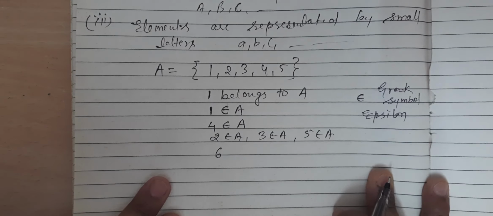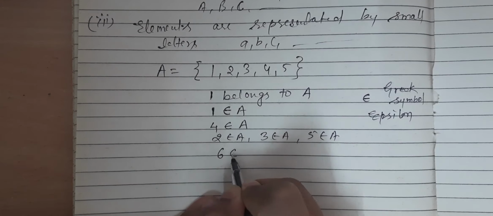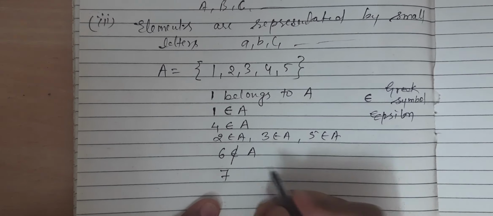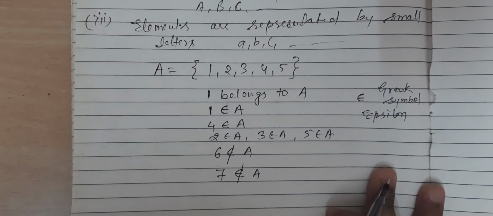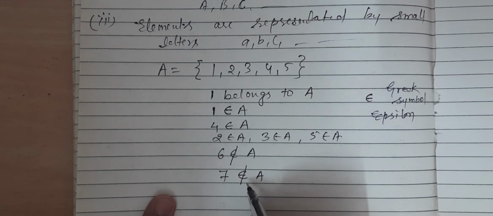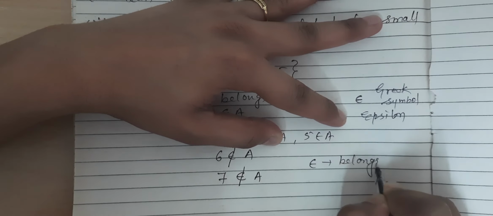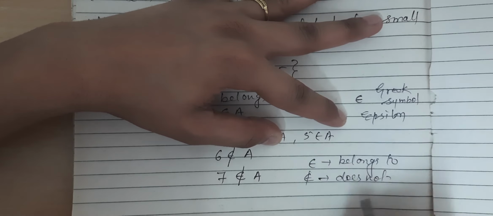Here 6 does not belong to A, so we write 6 does not belong to A. 7 also does not belong to A. So this symbol represents belongs to, and this represents does not belong to.